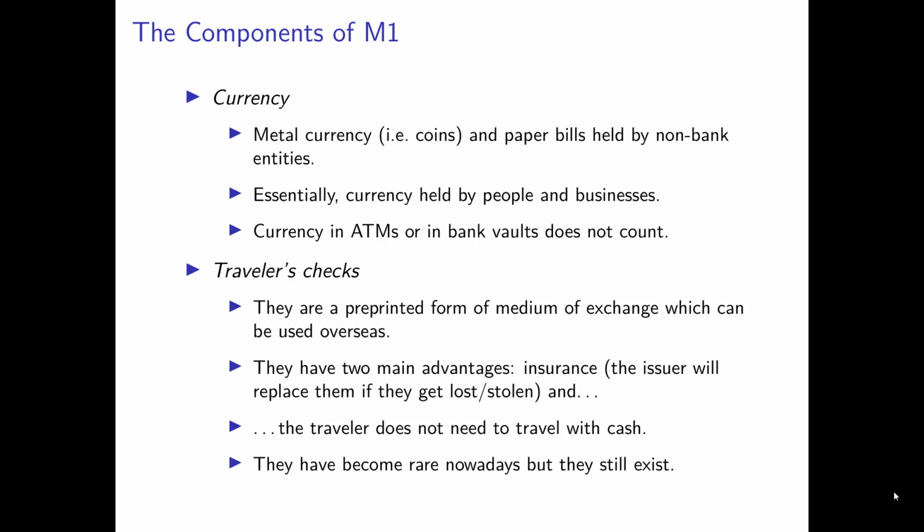There are two main advantages of using traveler's checks when going overseas. Number one, insurance, which means that if the traveler's check gets lost or stolen, it's going to be replaced by the banking institution.